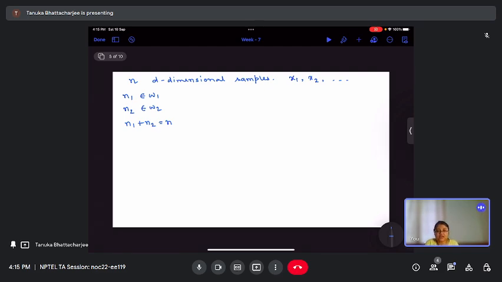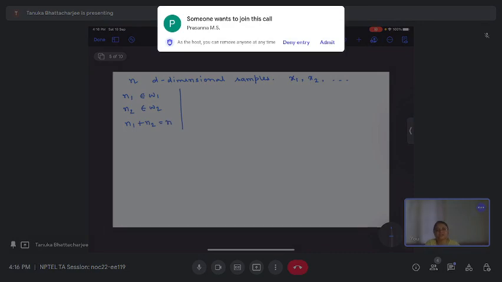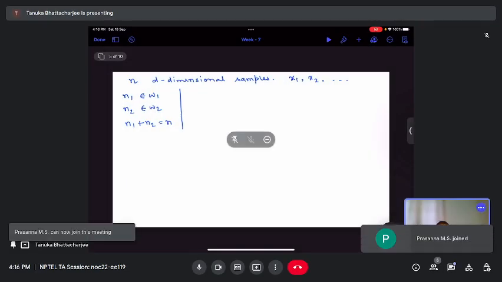Now according to MDA, you need to maximize the interclass scatter and minimize the intraclass scatter. So first let us try to compute what is interclass scatter. What does interclass scatter mean? It captures the difference between different classes.